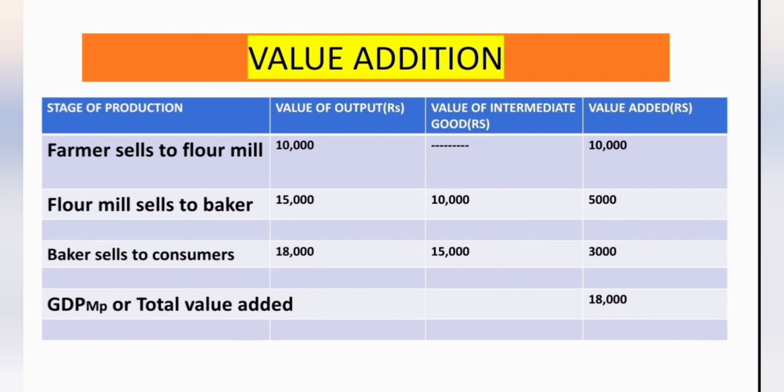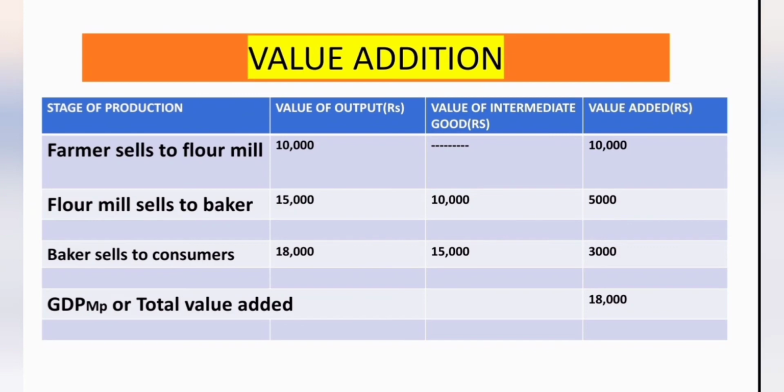Now we will see its detailed format, that is the product method, or value added method. So what is the product method? National income is the total money value of all the final goods and services produced by a country during an accounting year.